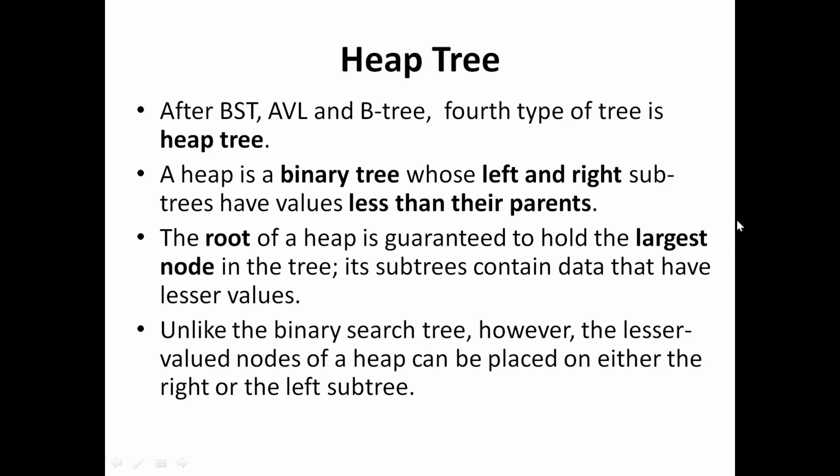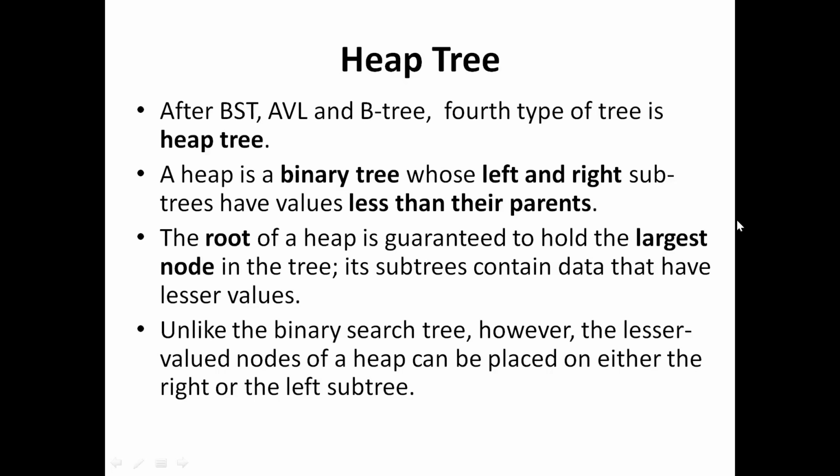The second way we can describe a heap tree is that in any particular parent-child combination or any subtree, the parent will be larger than or equal to the left and right child. It has to be at least equal to the left and right child, but cannot be less than its children.